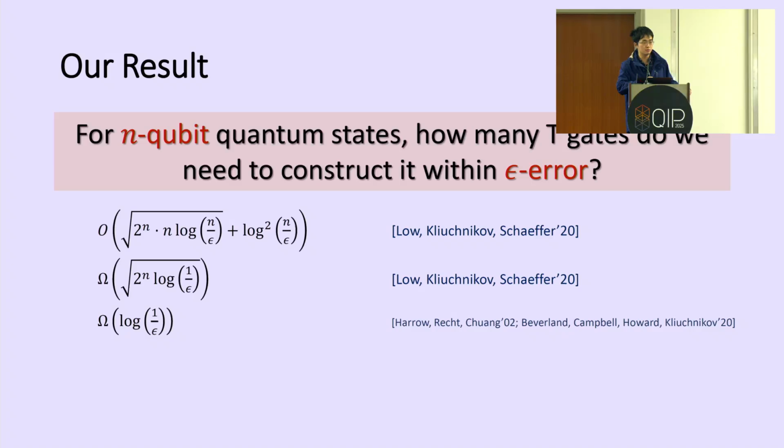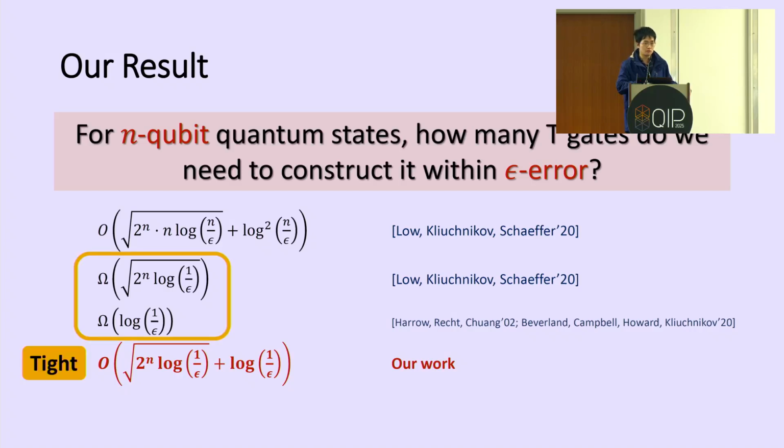So we really need to combine the two lower bounds we know here. Even though the first has a giant 2 to the n in it, for small constant n, it's worse than the single qubit lower bound. So these are prior works, and our contribution is to bring down the upper bound to match the lower bound. Our upper bound is square root 2 to the n log 1 over epsilon plus an additive log 1 over epsilon. As you can see from the two lower bounds, it is also necessary.